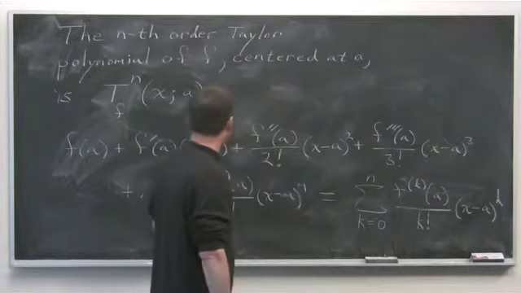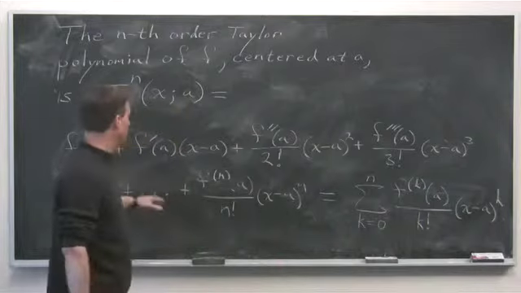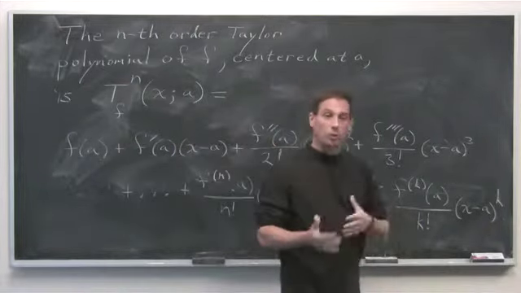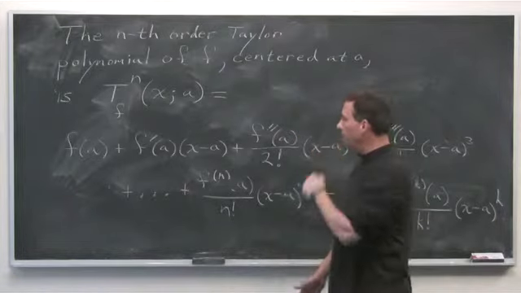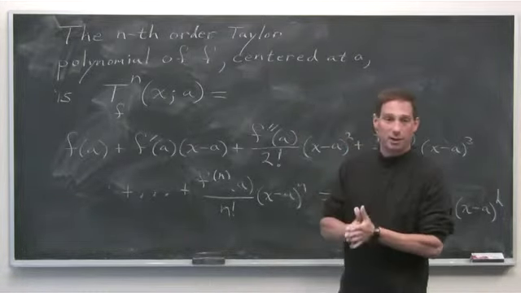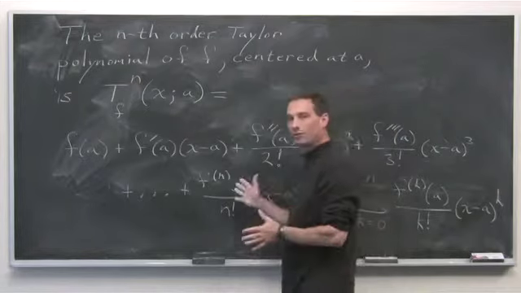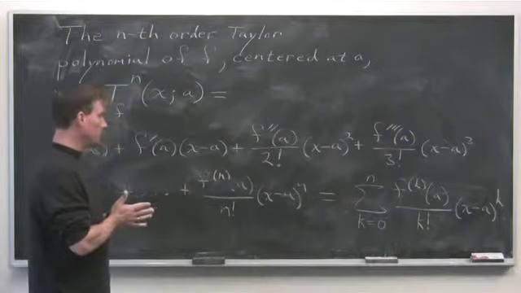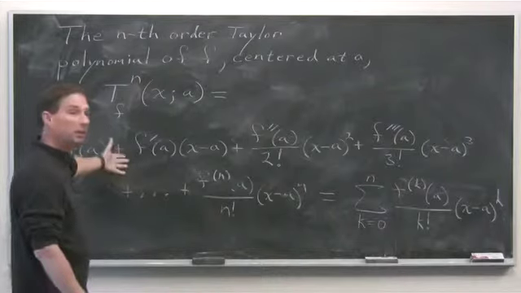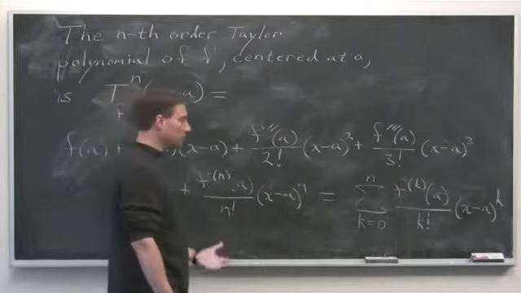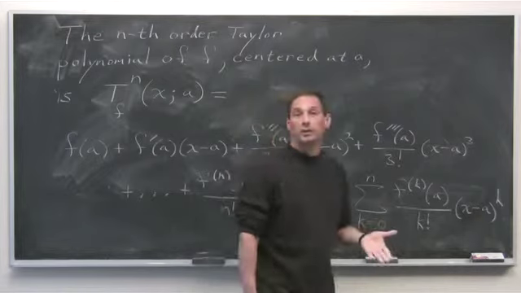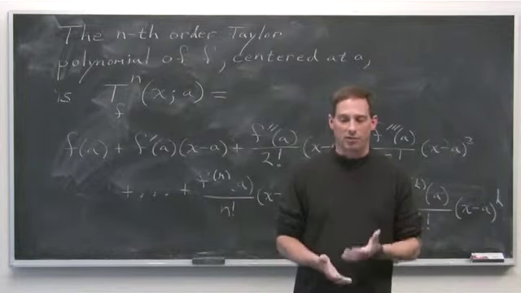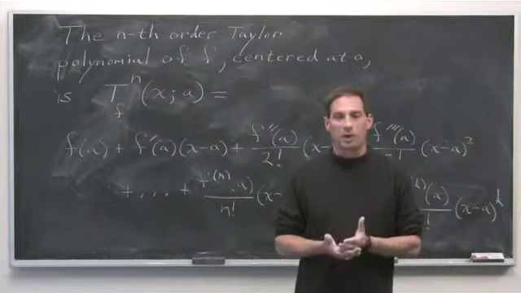So I should say that unlike last time, when we went out to the degree of the original polynomial, this recentered polynomial equaled the original thing. If we start with a function that is not a polynomial function, this can never equal the initial function because this thing is a polynomial. So for instance, e to the x, sine of x, cosine of x, natural log of x, none of those are polynomial functions.